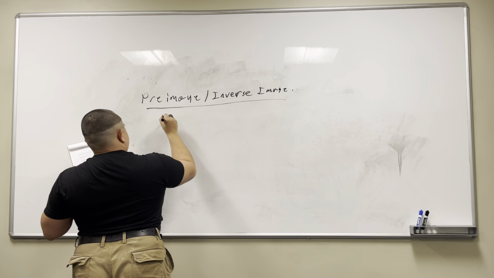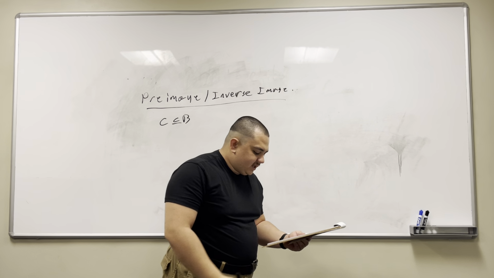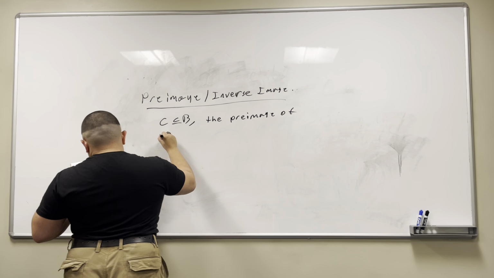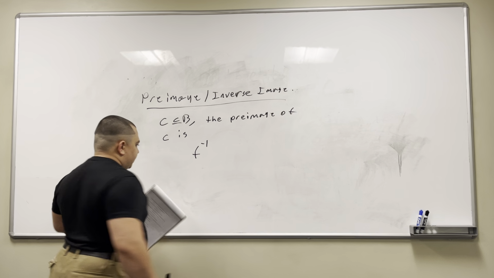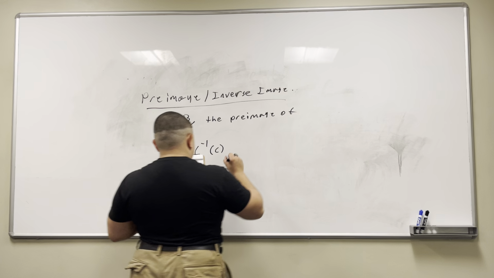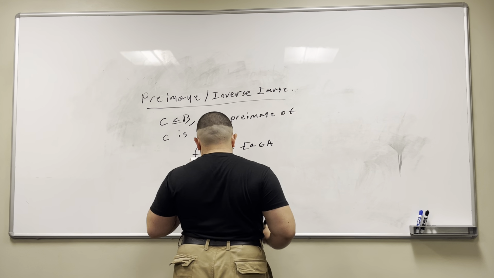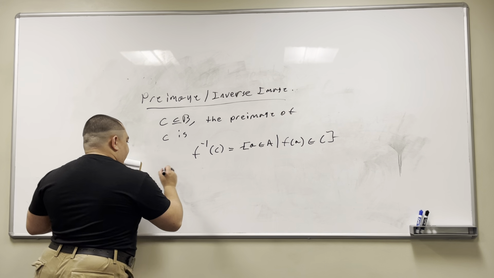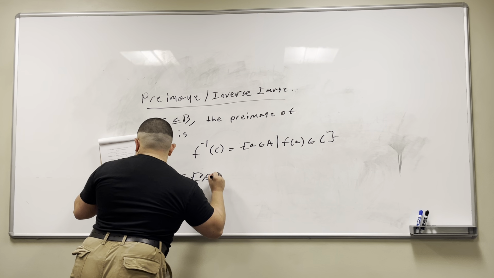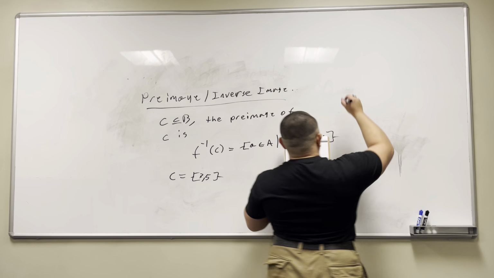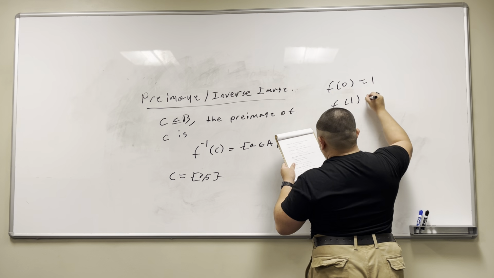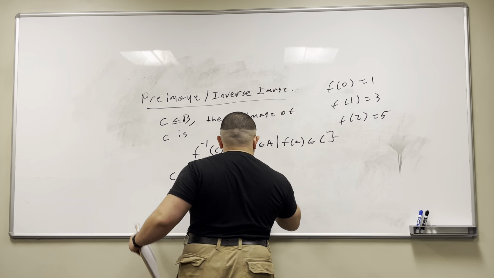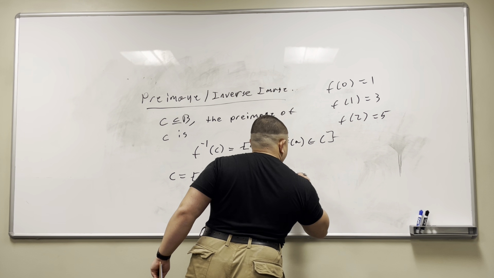So for C as a subset of B, the pre-image of C is defined as f inverse of C equal to the set of little a within big A such that f of a is within C. Now, if we were to have C equal to {3, 5}, then with our previous example of f of 0 equals 1, f of 1 equals 3, f of 2 equals 5, the pre-image is equal to {1, 2}, right?